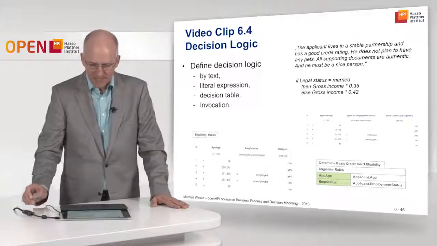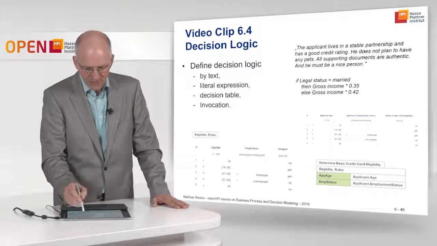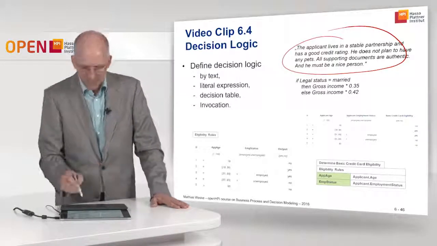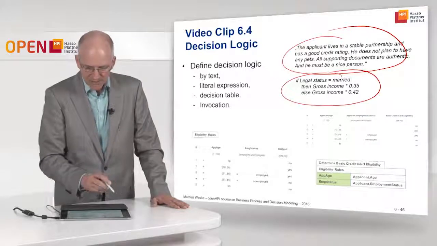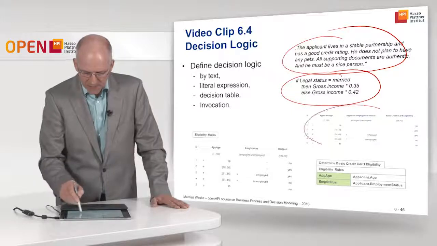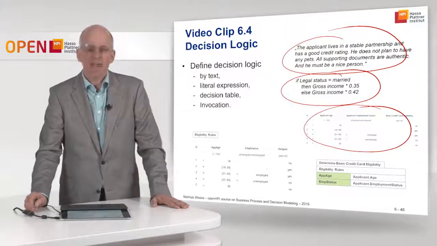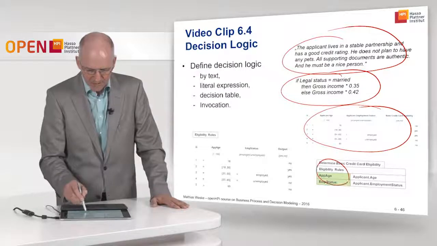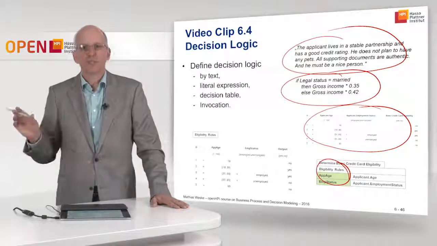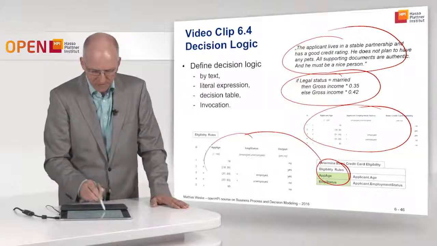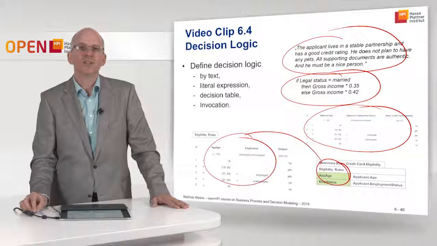We've seen here the different examples: the literal expression using English text, the literal expression using the FEEL formal language, the decision table, and finally the invocation from a decision to a business knowledge. And this concludes video clip 6.4.